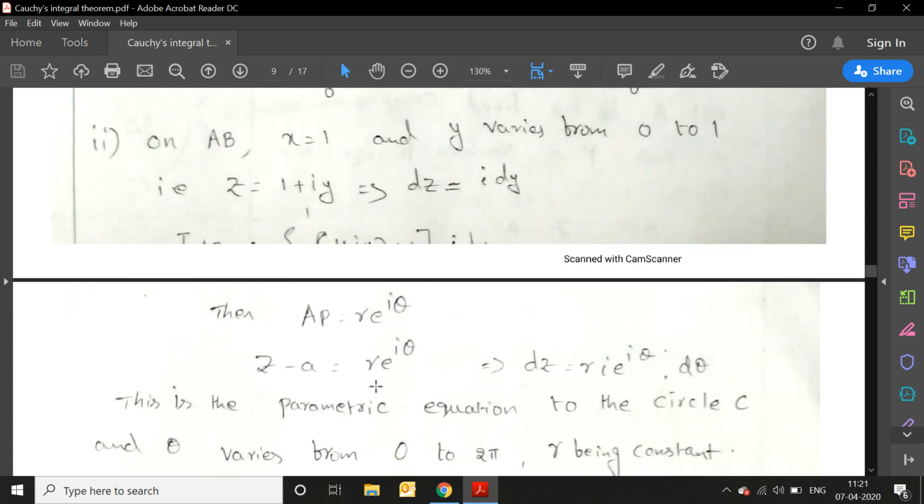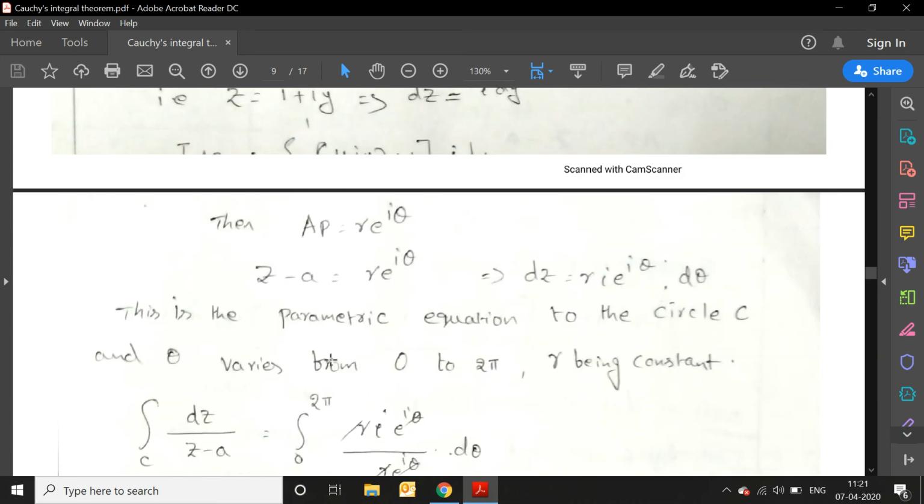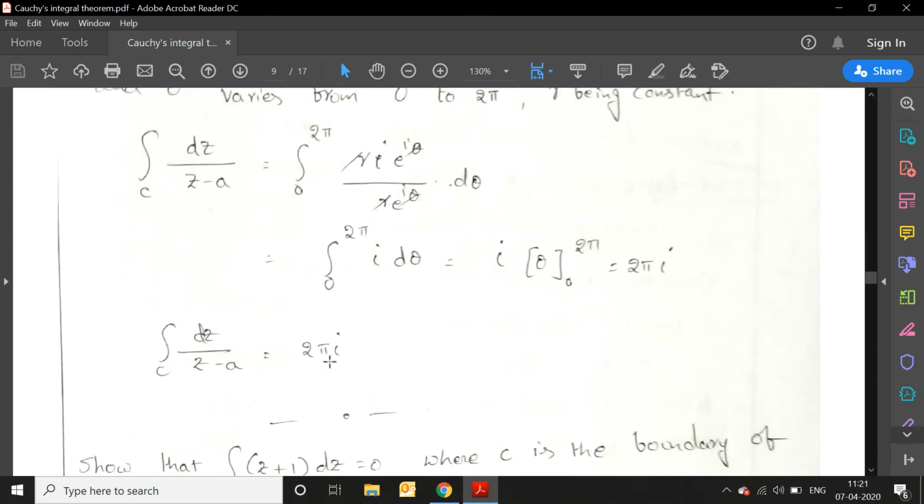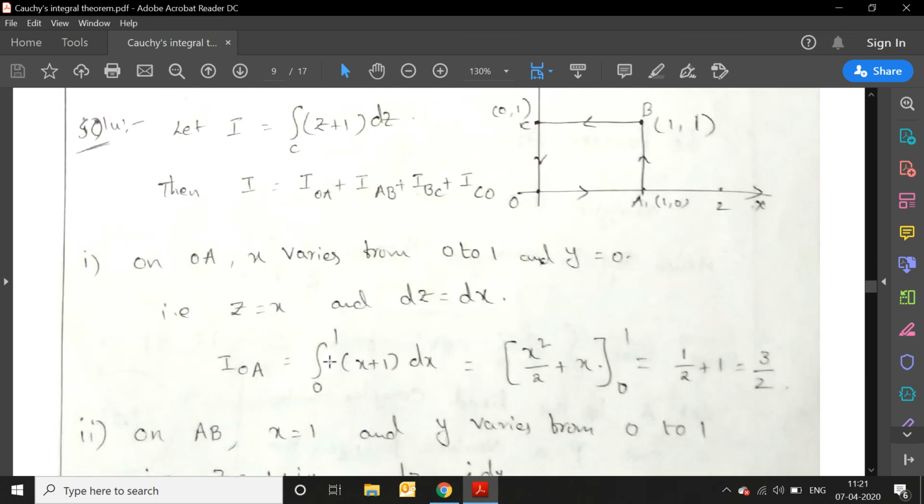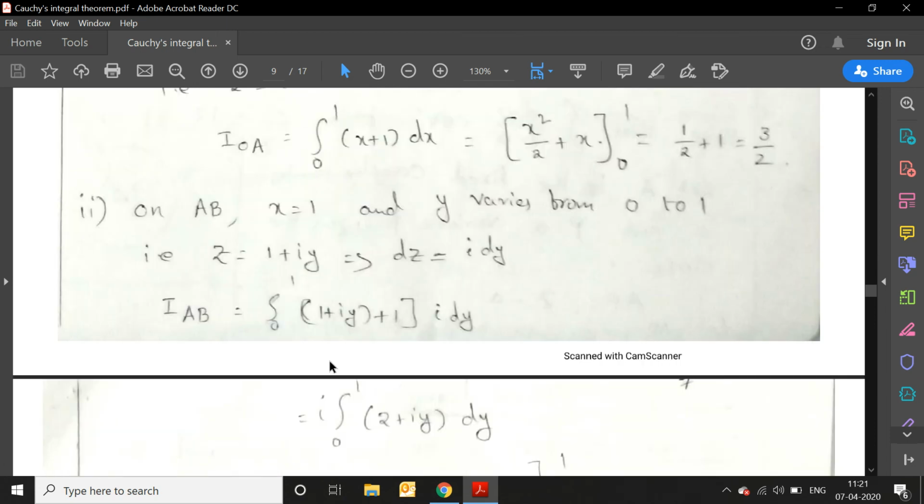Going to the integration, the integral from 0 to 1, because y varies from 0 to 1, of (1 + iy + 1) into i dy, because the dz value is i dy.